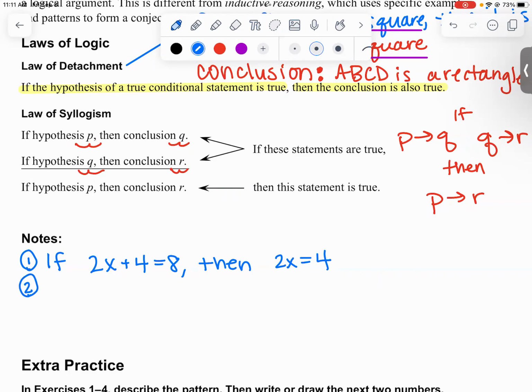Second conditional statement, if 2x equals 4, then x equals 2.